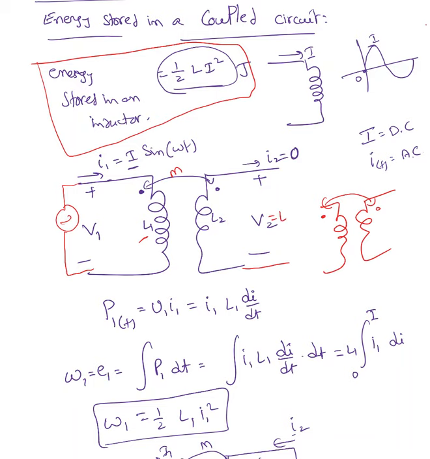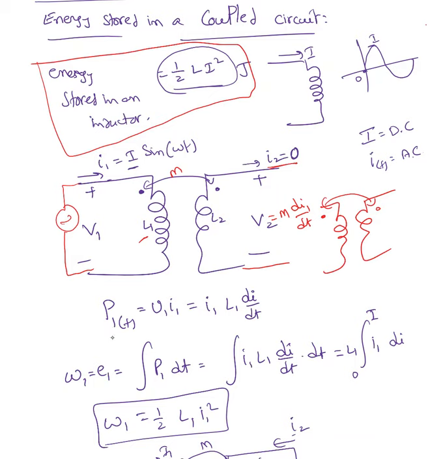That value is M times mutual inductance times di1 by dt, and that's the voltage across it. But nothing is connected to coil 2, so there is no current passing through it, I2 equal to 0.